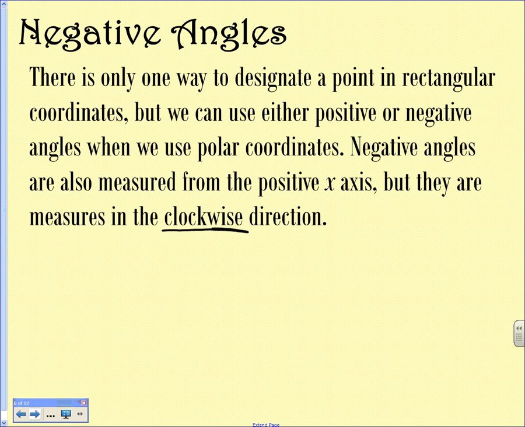Negative angles are clockwise. What does clockwise look like? Let's start here. Where am I going to go? Look at a clock. How is that little red hand moving? Okay.